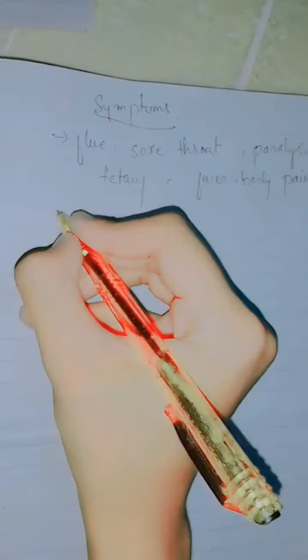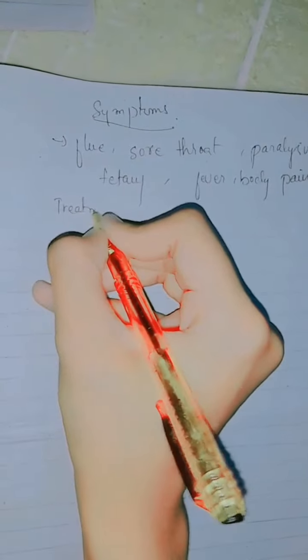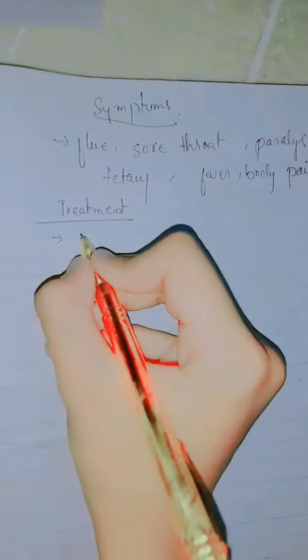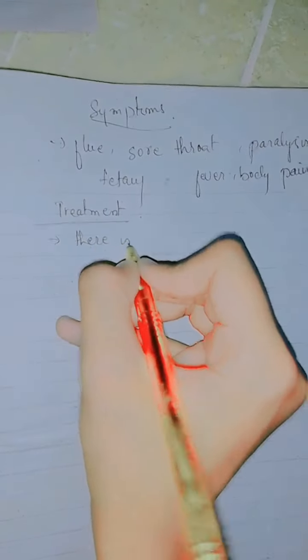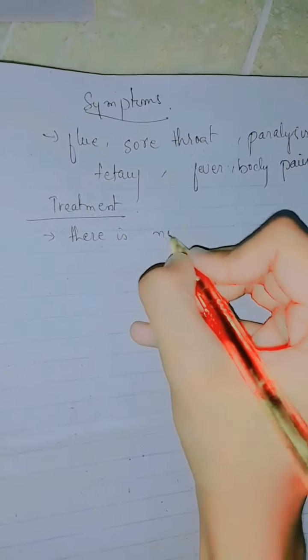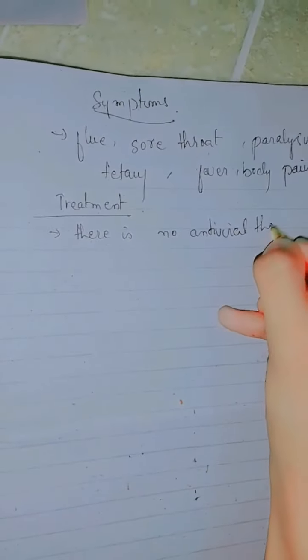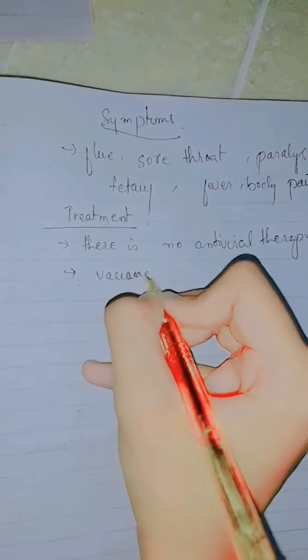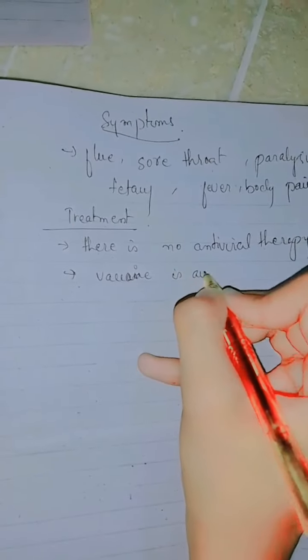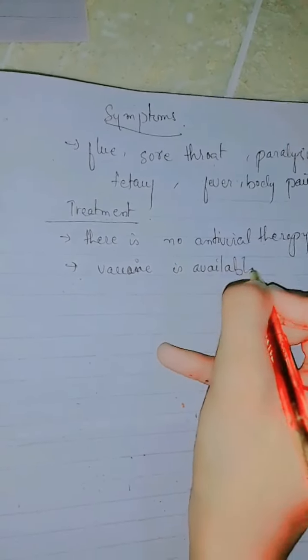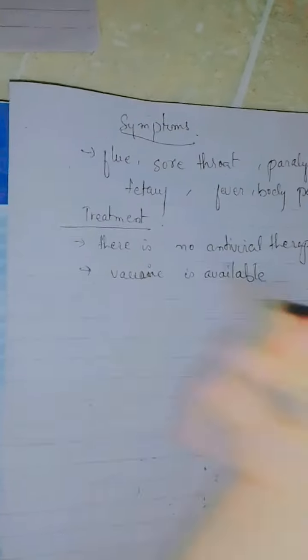If we talk about the treatment, there is no antiviral therapy, but there is a vaccine. Vaccine is available that we are getting since our childhood. Basically, there are two types of vaccine of polio virus.